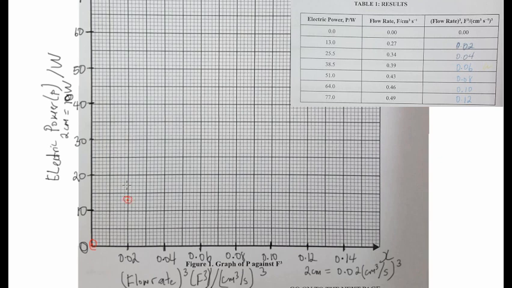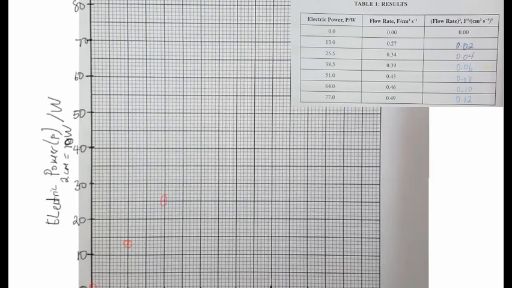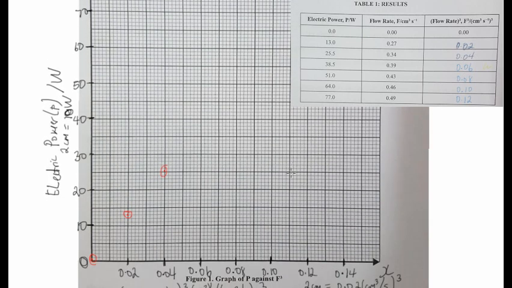Alright, next one now is 0.04, and that matches up to 25 and a half. So 25 will be right here, 26 will be right here, so 25 and a half will be somewhere in between 25 and 26. So I can place my point and a circle. Then I can go further to 0.06, and that's 38.5.